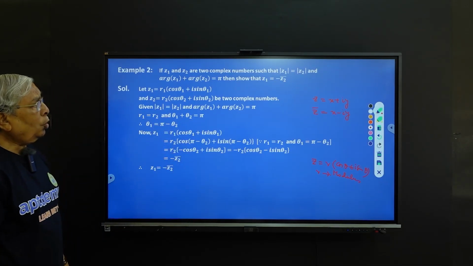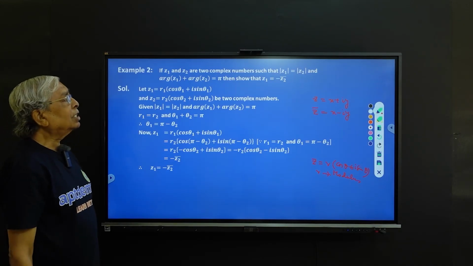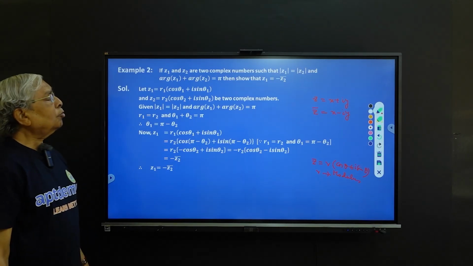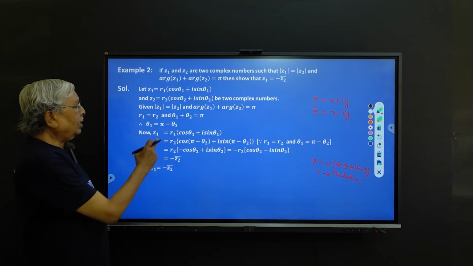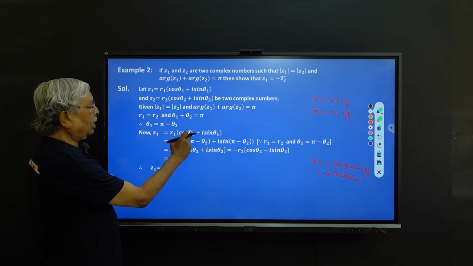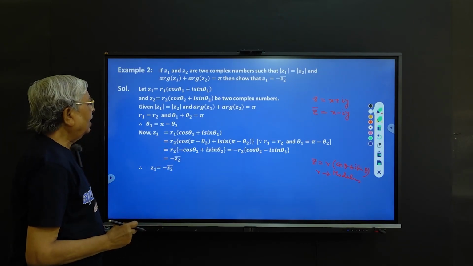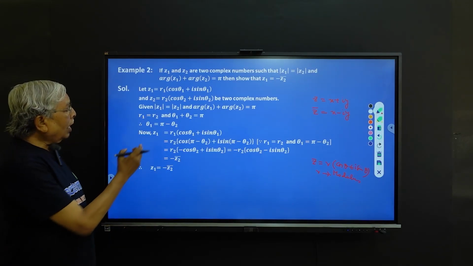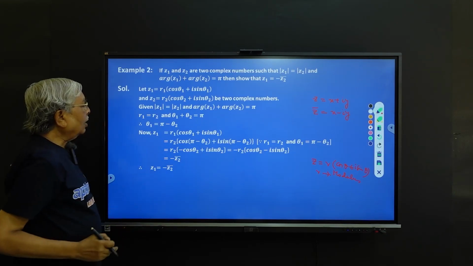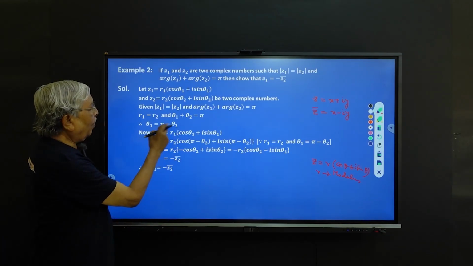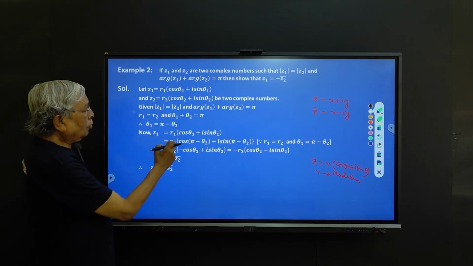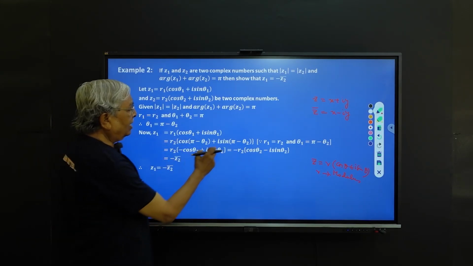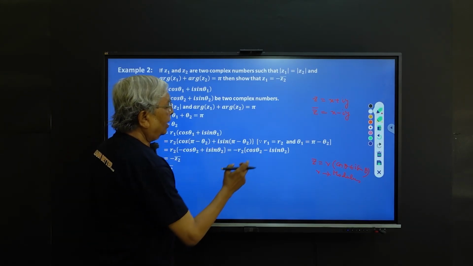Now what you have to show, z1 equal to minus z2 bar. So first you start from z1. z1 equal to r1 into cos theta 1 plus i sin theta 1. You are given r1 is equal to r2. So for r1 you put r2 and for theta 1 you put pi minus theta 2: cos of pi minus theta 2 plus i sin pi minus theta 2.